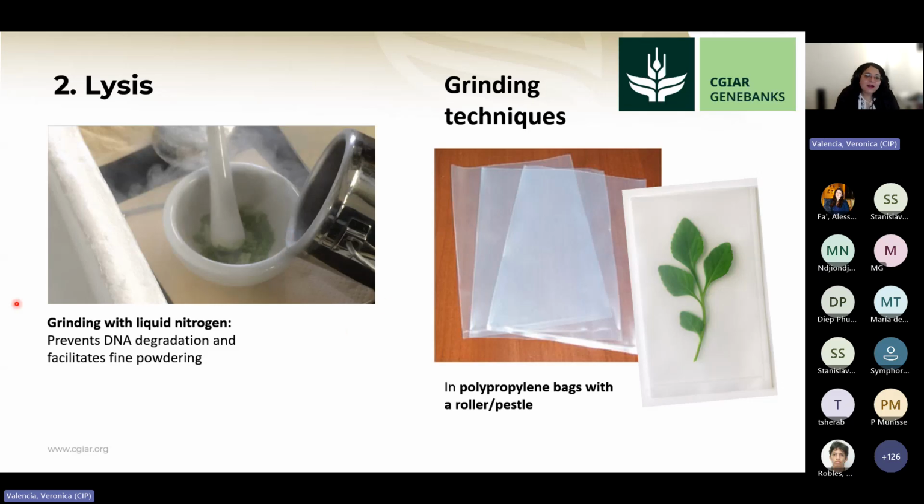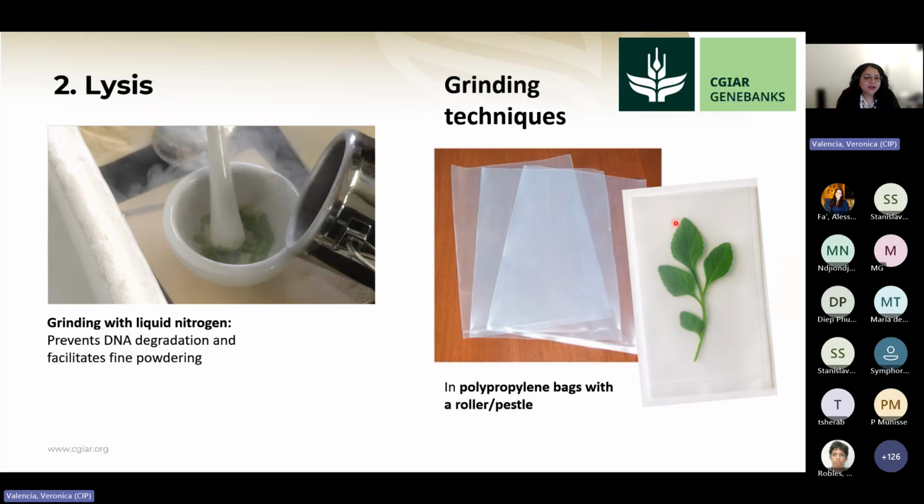But if you don't have liquid nitrogen, a protocol I've used before and has worked very well is that you can use polypropylene or polyethylene bags, right? And you can put your tissue, your leaves here, and you can grind by hand, right?